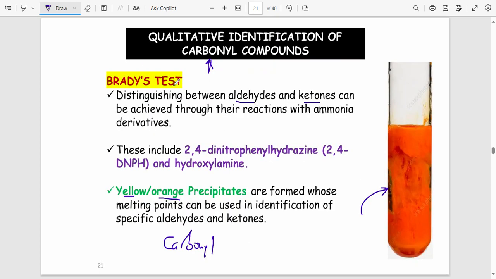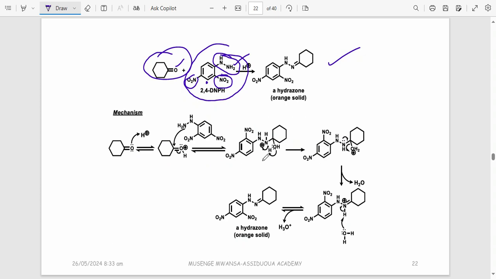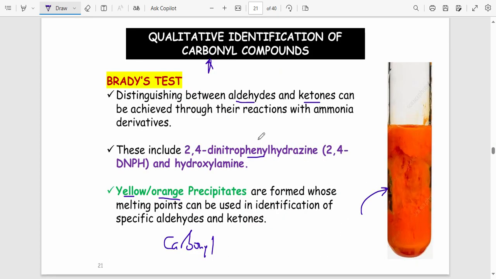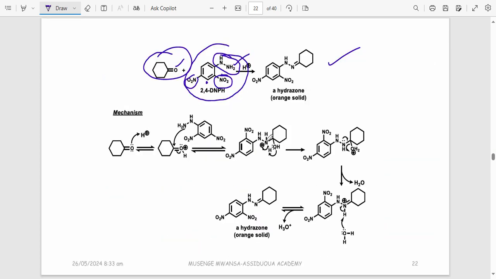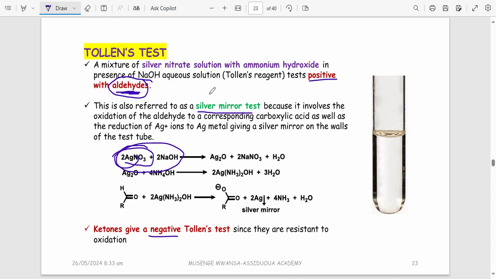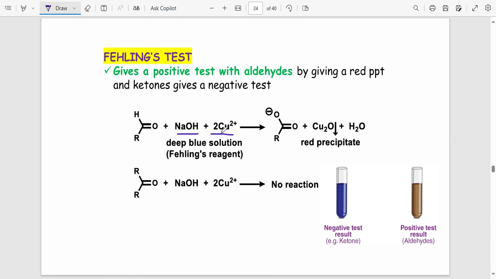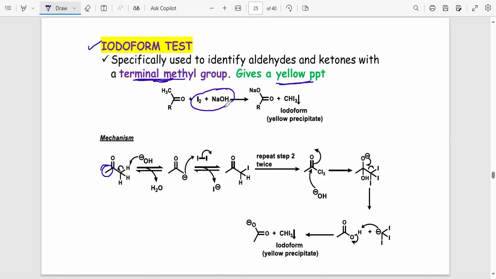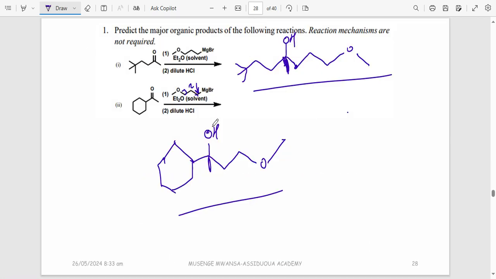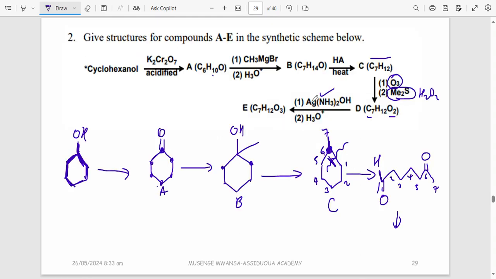The other reagents: Brady's is dinitrophenylhydrazine, Fehling's you use copper, and iodoform you use iodine and sodium hydroxide. So this one is the Tollens test. You know that Tollens is positive for an aldehyde.